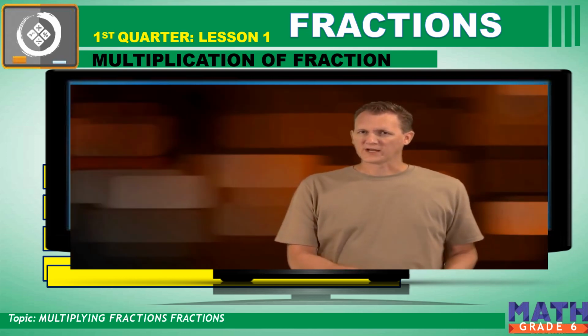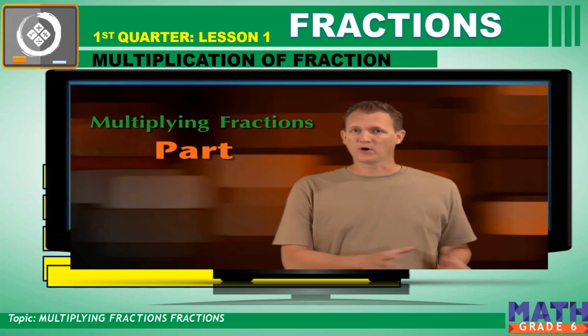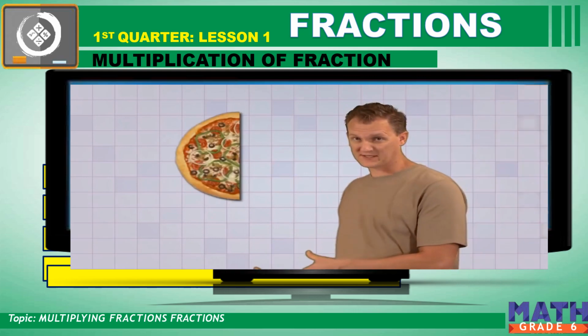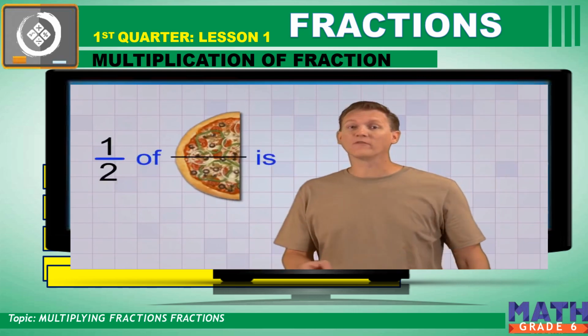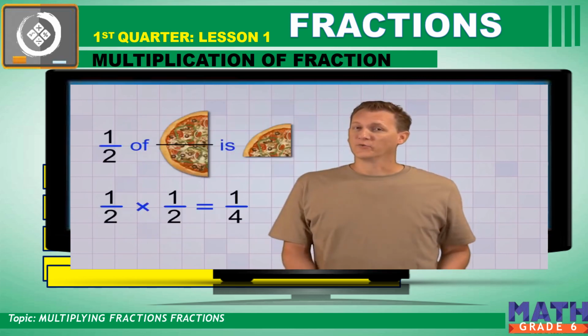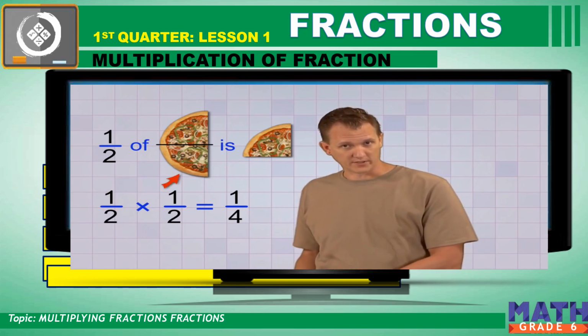If you're thinking of fractions as parts of something, then multiplying fractions is really like taking part of another part. For example, here's half a pizza. Now you can see that if I take 1/2 of that half, then I get 1/4 of a pizza. And if we do the multiplication 1/2 times 1/2, you see that we do get 1/4. So that's why you can think of multiplying fractions as taking part of another part.